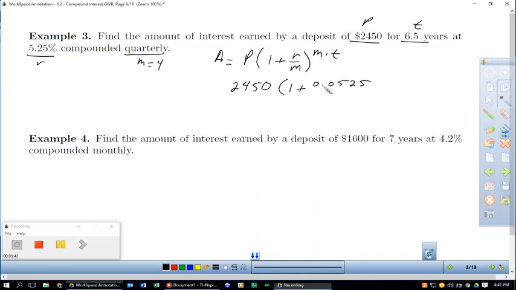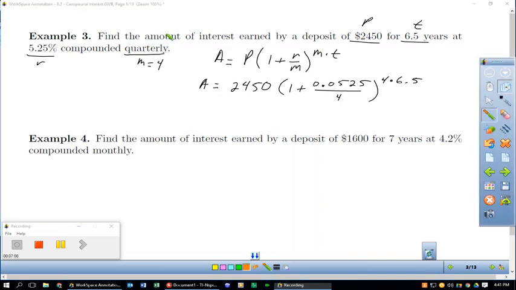Yep, that's the decimal two places over. Divided by our M, which is 4, to the 4 times 6.5. That will give us our compounded amount, which is not what we were asked for.